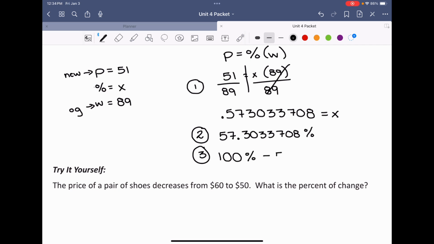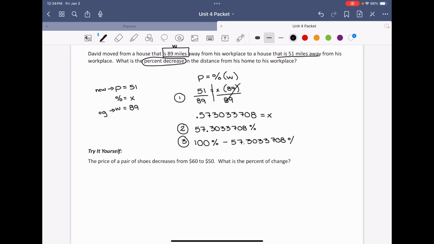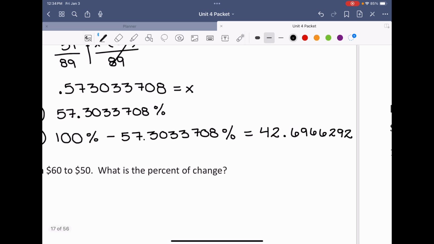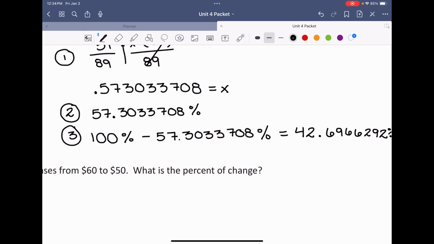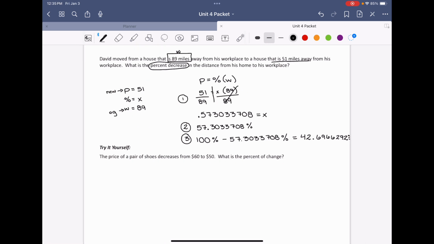So 100 minus 57.303 percent, which is going to give us a wonderful percentage of 42 and a long decimal, 0.6966292%. I ran out of room. All right, but same exact steps. That one just happened to be a very not fun decimal.